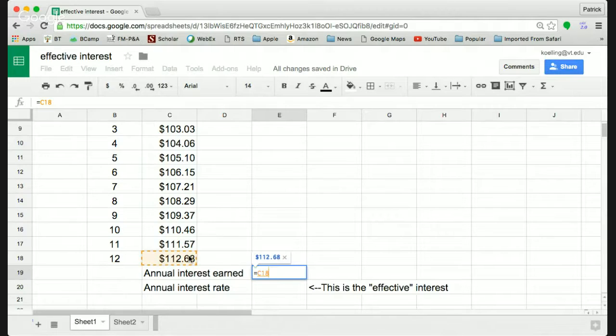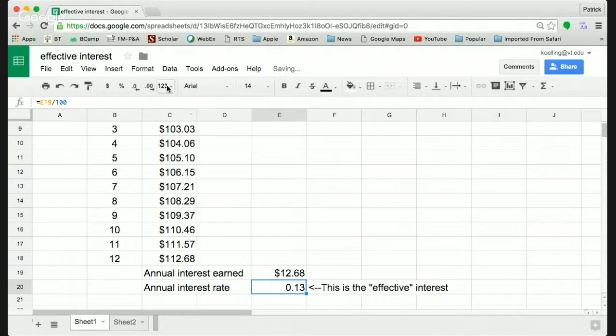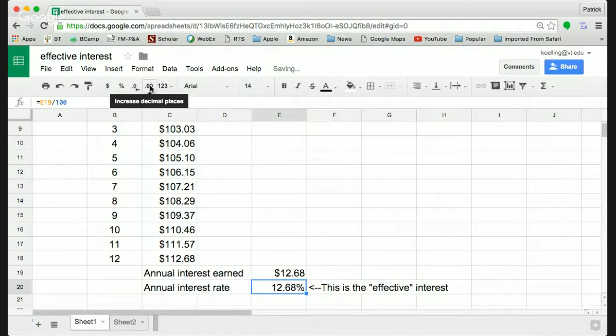So what was the interest that we earned? It's equal to what we ended with minus what we began with. We earned $12.68 in interest. If we take the $12.68 and divide it by what we started with, 100, we get the interest. Let's make it a percent: 12.68%.